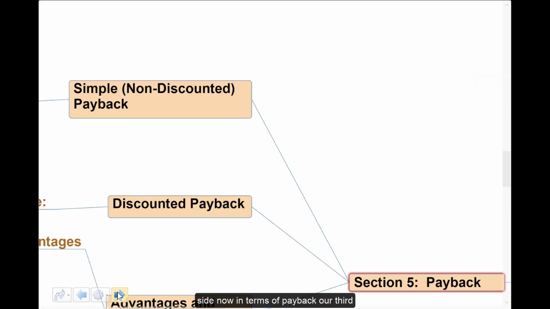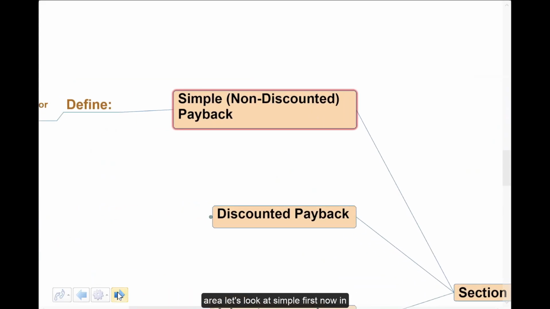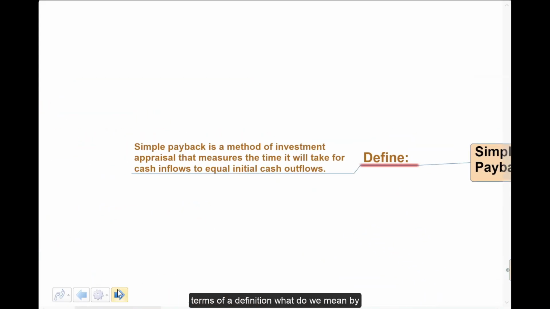Now, in terms of payback, our third area, let's look at simple first. Now, in terms of a definition, what do we mean by simple payback? It's basically a method that measures the time it will take for cash inflows to equal initial cash outflows.